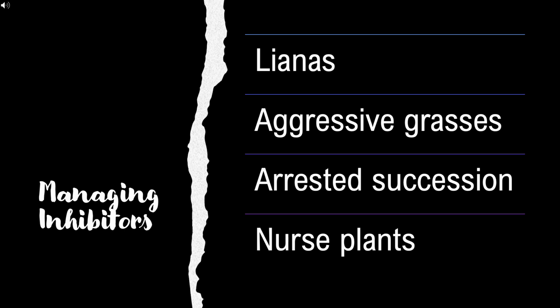And the fourth is actually a solution rather than a problem: nurse plants. These are fast-growing species that you plant intentionally to create shade and microclimate conditions that allow more sensitive species to establish underneath them. Think of them as temporary infrastructure. They do a job in the early phases and then are gradually phased out as the canopy develops.